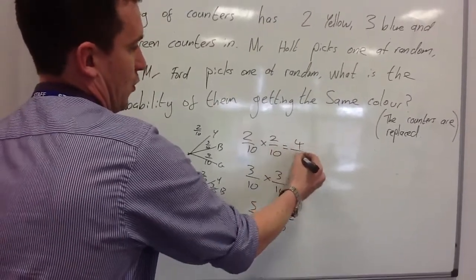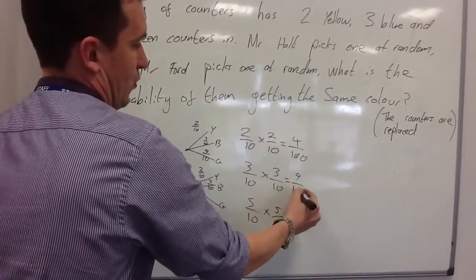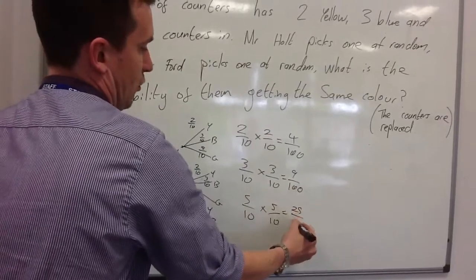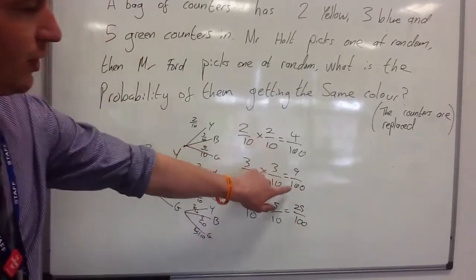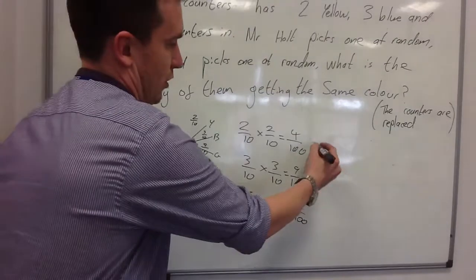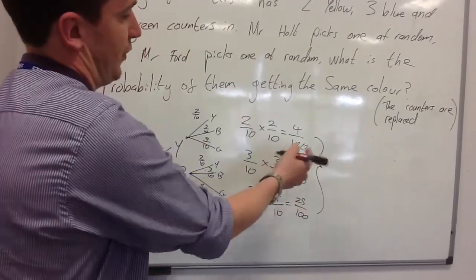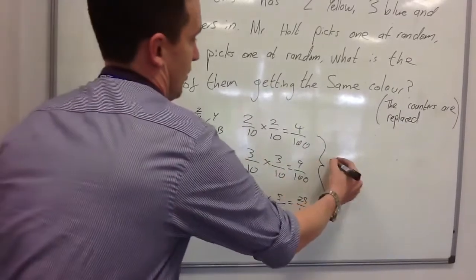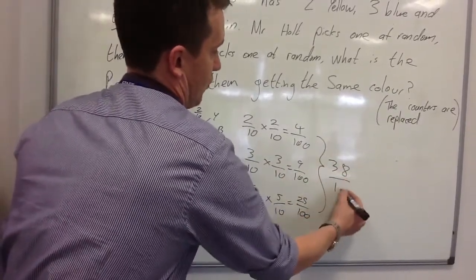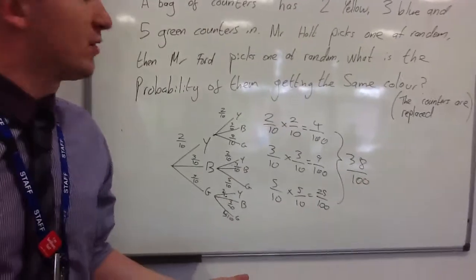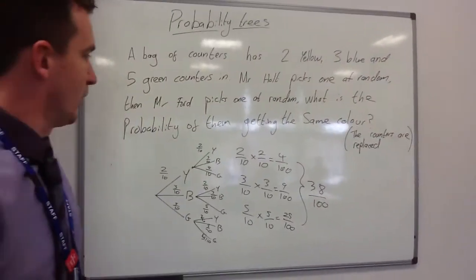Work them out: 4 over 100, 9 over 100, and 25 over 100. And at that point, when you've got your 3 probabilities, they're all over 100. Add them together. 25 add 13, essentially, is 38 over 100. It's not necessary to simplify, but you can if you want.